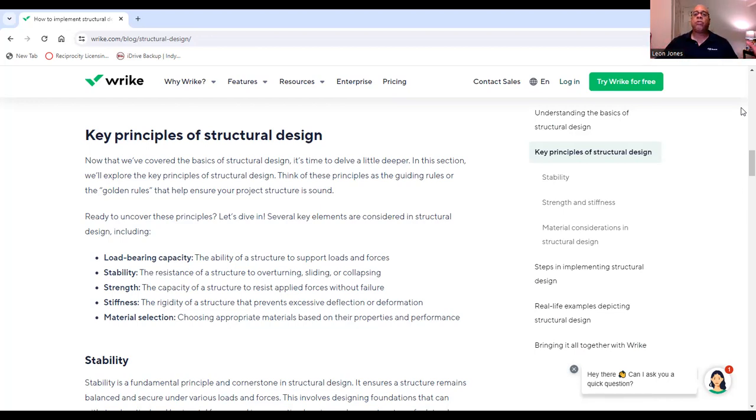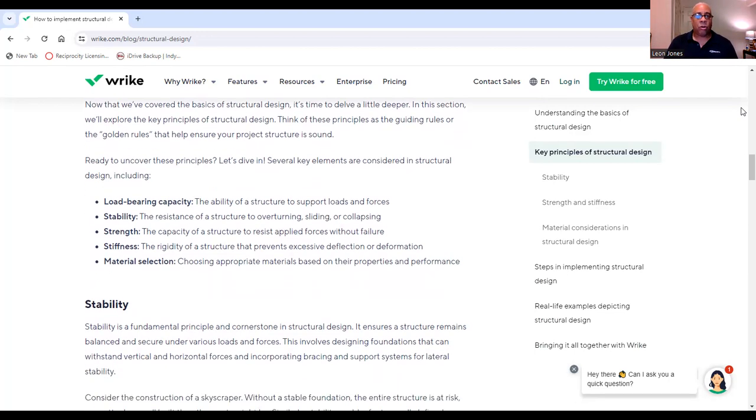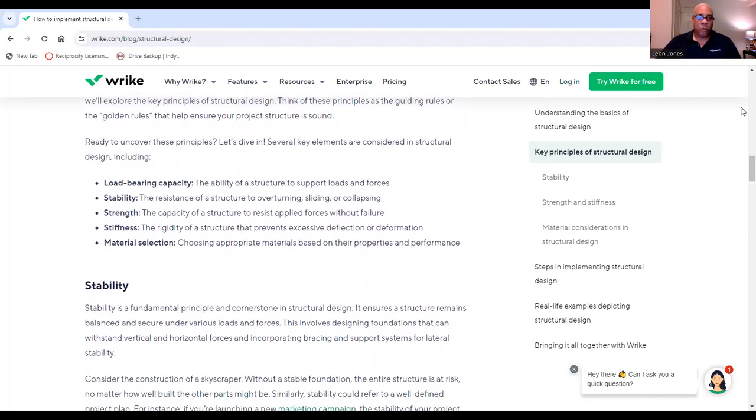You have to think of these principles as guiding rules or golden rules that are going to help ensure that your project structure is sound. So here's what I'm going to do. I'm going to uncover the basics for you right now, and let's start off with a few of them.